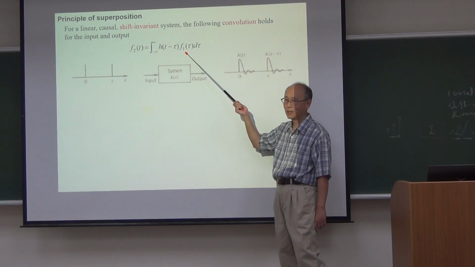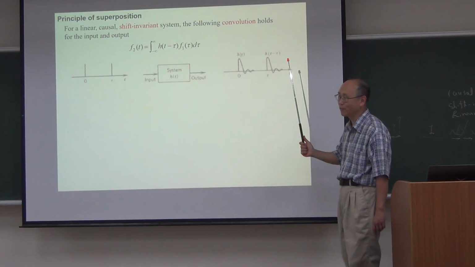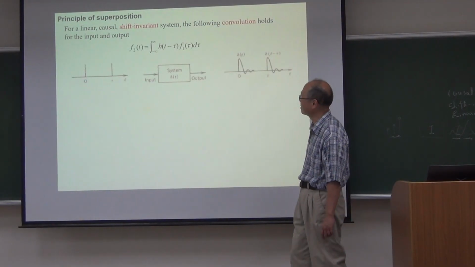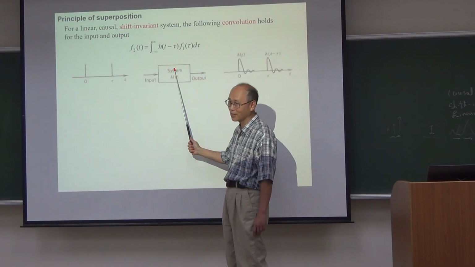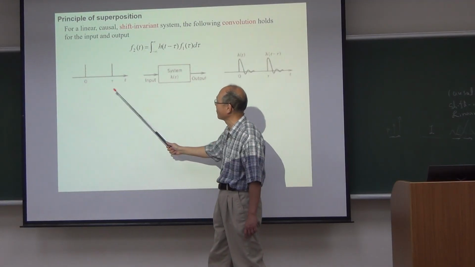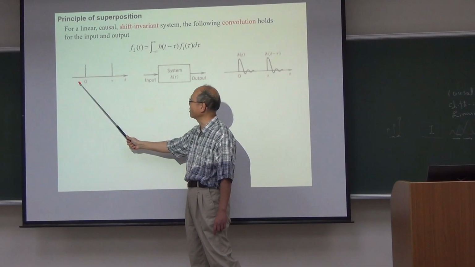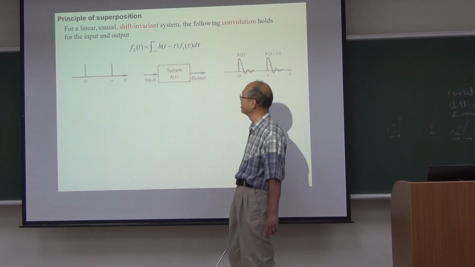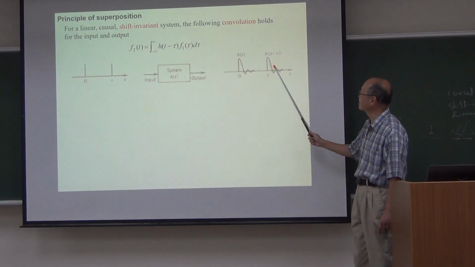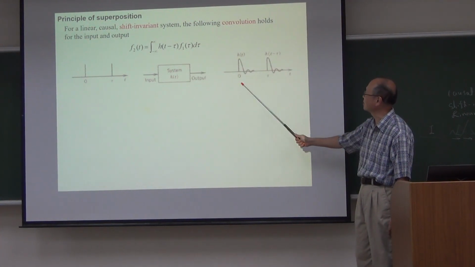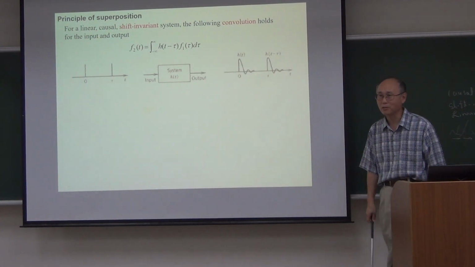So with this, we can continue to write this as a convolution. Because this is shift invariant, we run into convolution. Basically, if I have a linear system like this with an impulse response, and I send two impulses into the system separated by time tau, then the output is the summation of these two, and these two are also shifted by time tau.